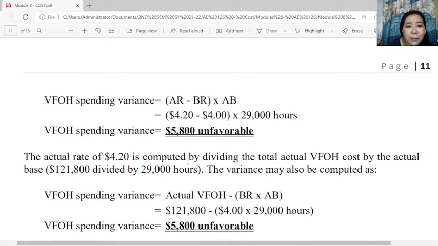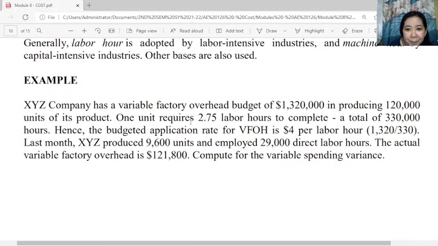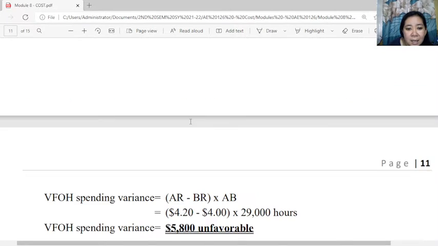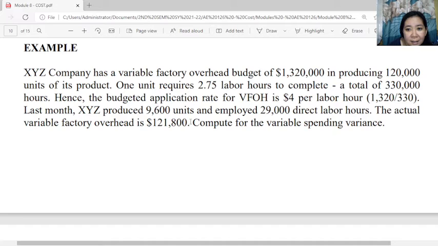So using the formula, actual rate minus the budgeted rate, okay, times the actual allocation base, or this is the actual direct labor hours. So 4.20, okay, so this is the actual rate.